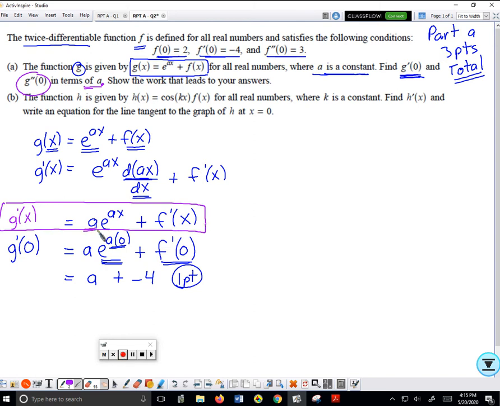Don't need to use the product rule because a is a constant. So g double prime of x, the multiplying constant a just comes along, and I would have the derivative of e to the ax plus the derivative of f prime of x is going to be f double prime of x.